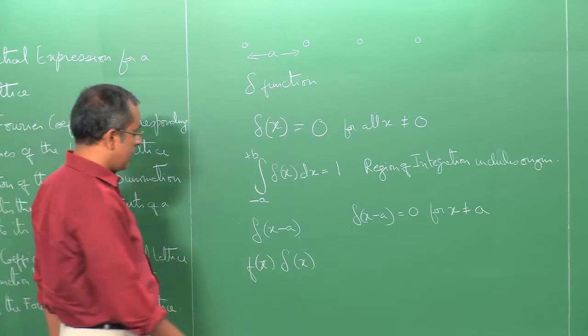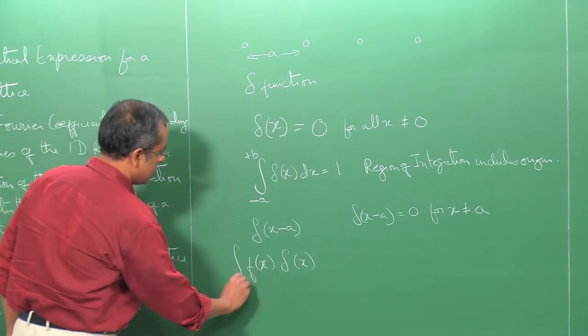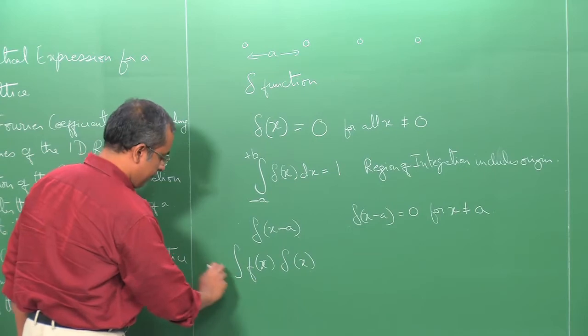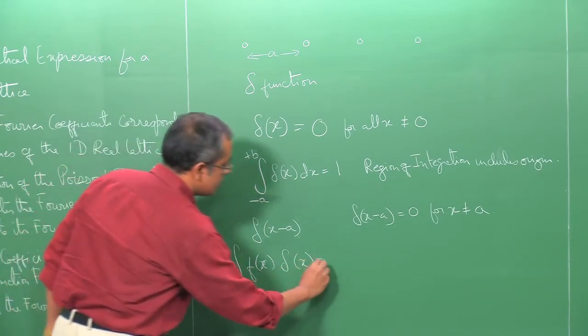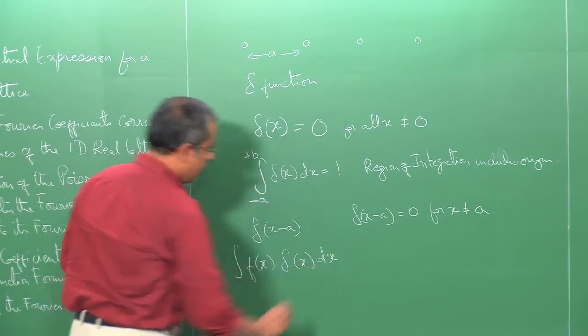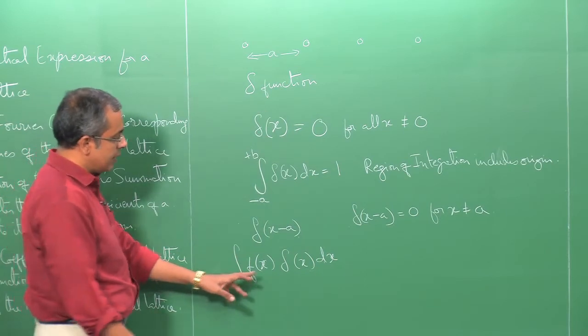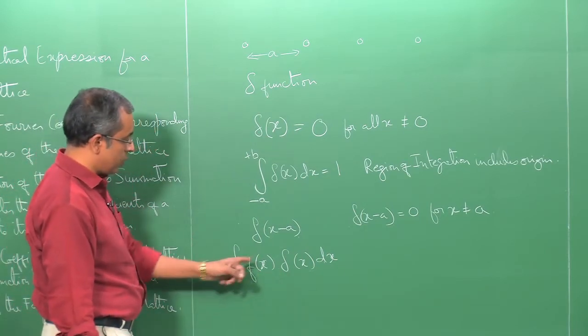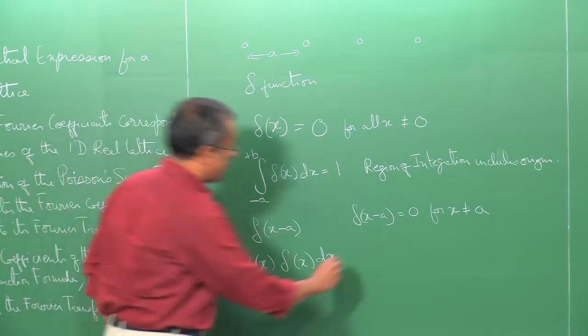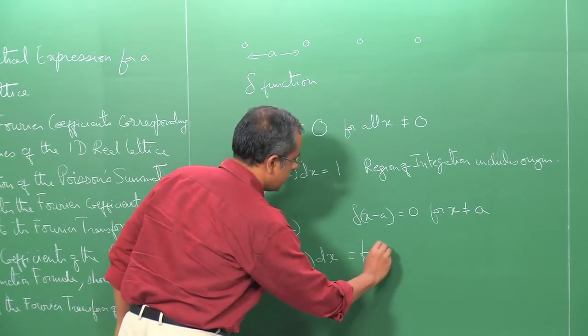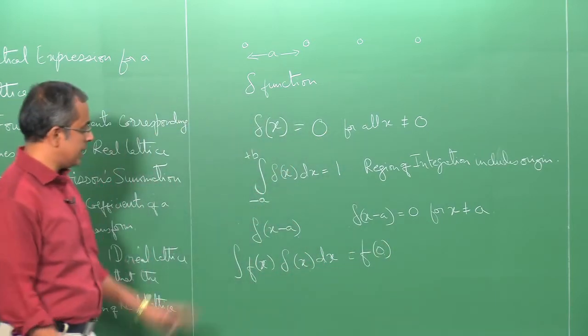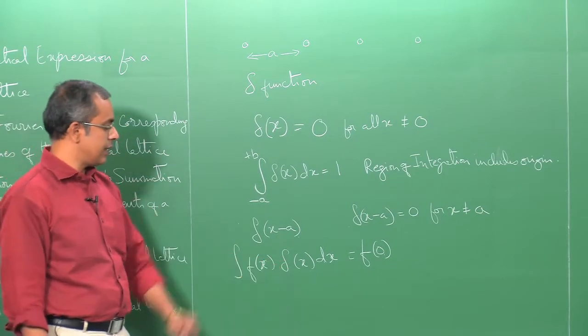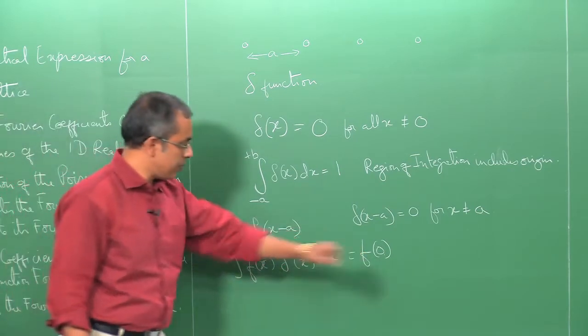So, if you do this integration, if that region of integration includes the origin, then this evaluates to 1 around the origin. So, this will basically evaluate to f of 0. So, the integral of f of x times delta of x dx will evaluate to f of 0.